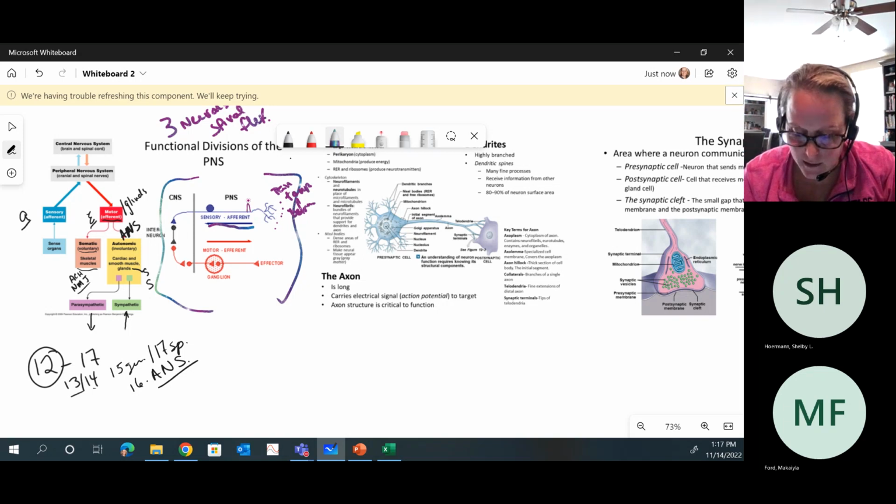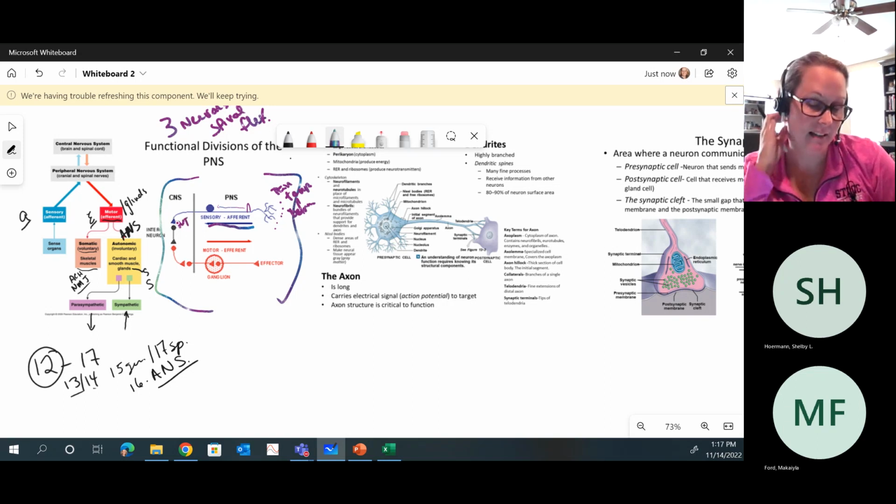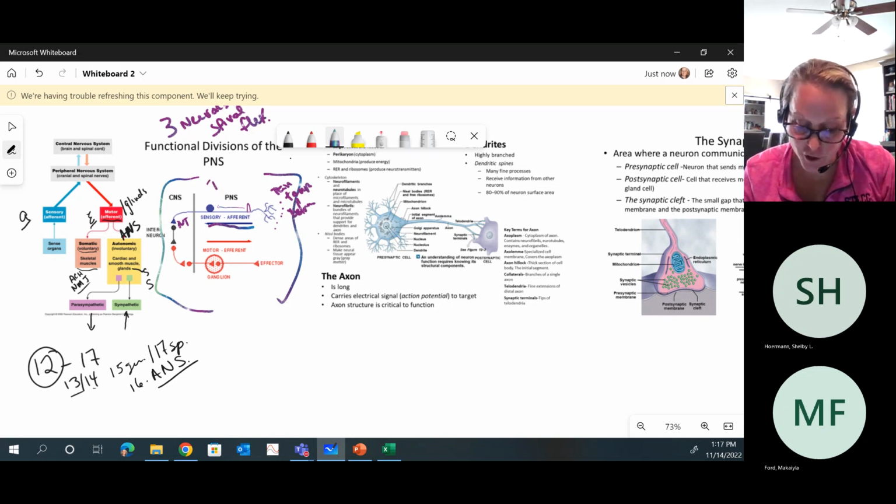And they're going to start an action potential that's going to travel all the way to the synaptic knob of the axon. And that axon is going to release neurotransmitter at that synapse. Okay? So that is our first neuron. It's our sensory afferent neuron bringing the information to the spinal cord.